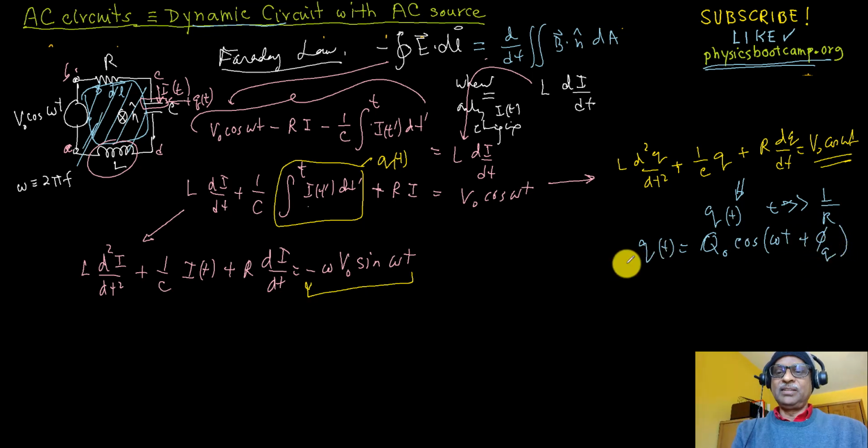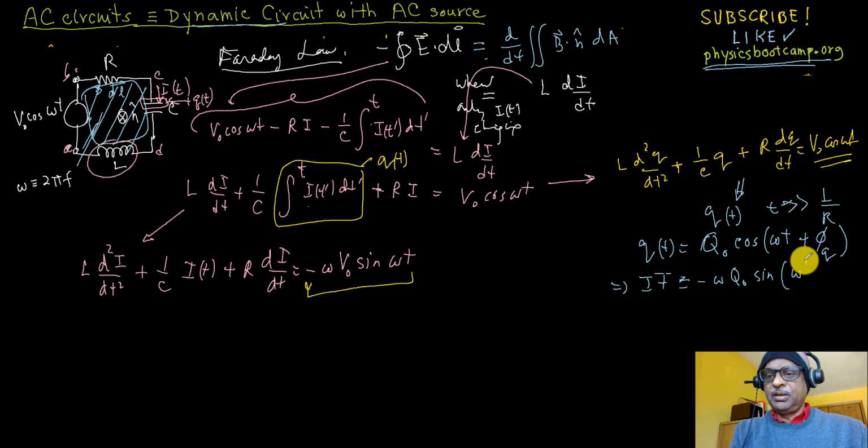It's going to look like this, and then I can take a time derivative. So I(t) will simply be equal to minus omega q0 sine(omega t plus phi_q).